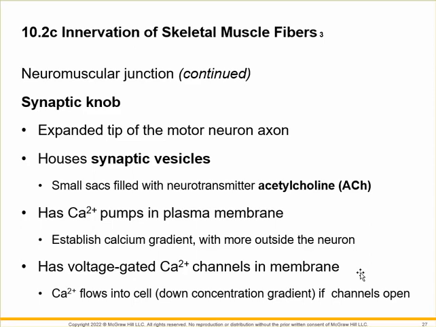And the reason that it's not inside is because the nerve actively, using active transport, pumps calcium out of the nerve. So it establishes this gradient. Any calcium that's in the nerve gets pumped out into the interstitium. And it's let back in if these calcium channels open.